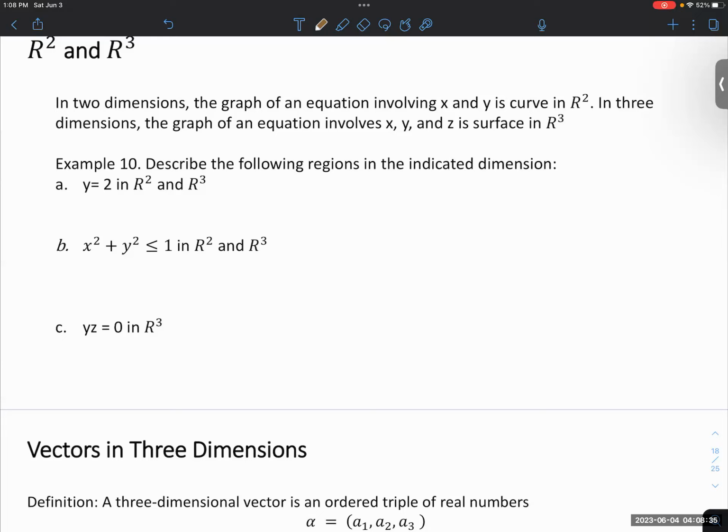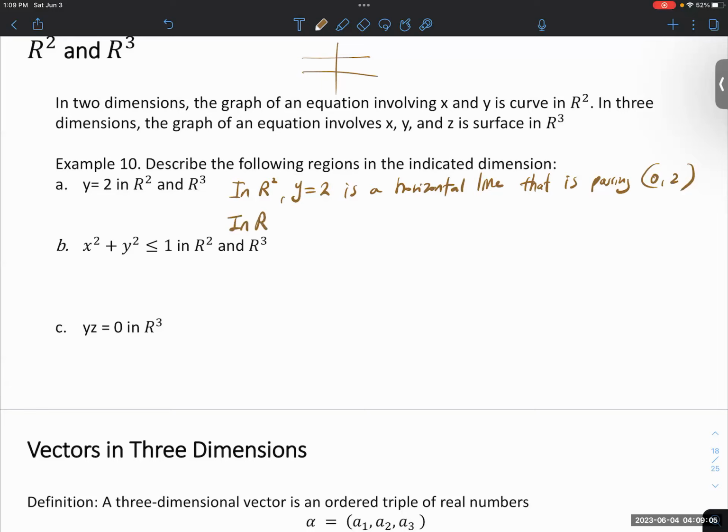What does it mean in R2 and R3? In R2, Y equal to 2 means a horizontal line passing through 0, 2.